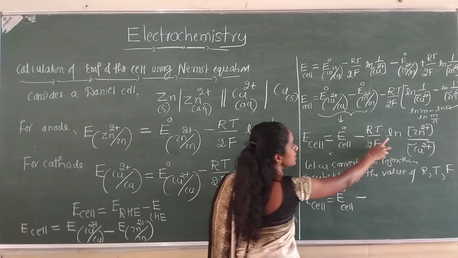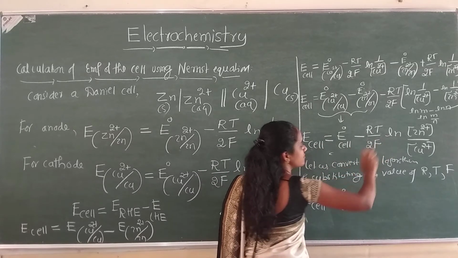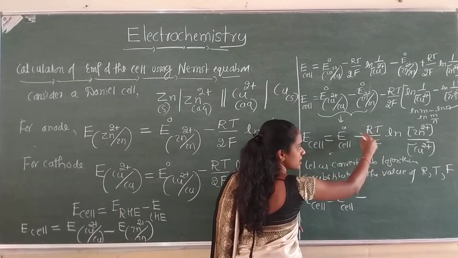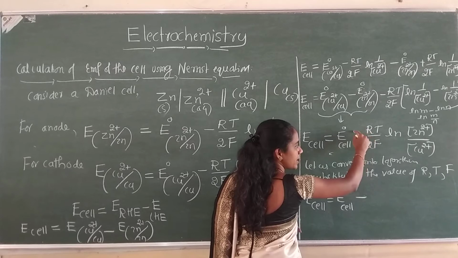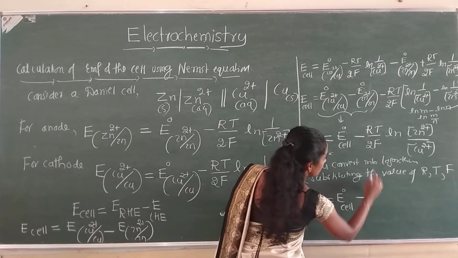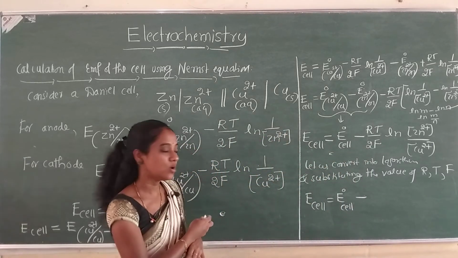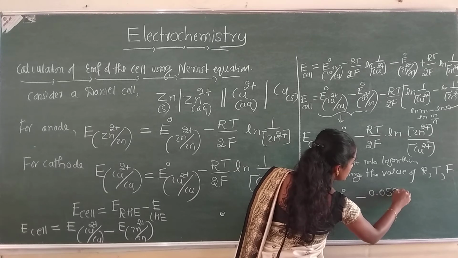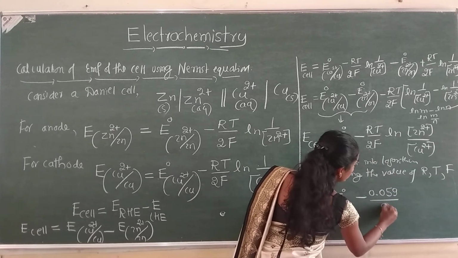The formula becomes E cell is equal to E naught cell minus, so here it is in ln form, so to convert to log you should multiply all these values together by 2.303. So we get, I'll write the value directly. It is 0.059 divided by 2.